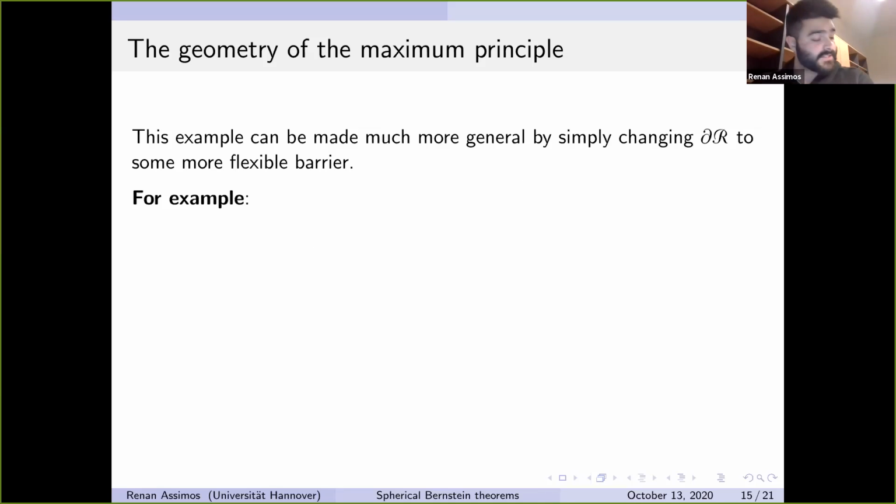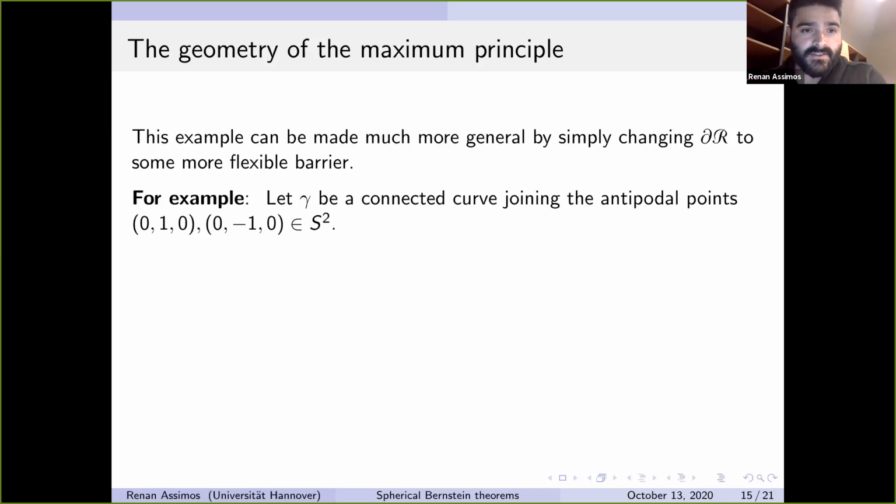So the interesting thing about this approach is that we can use it for things that are much more flexible than this half equator. Let me give an example here. Let us consider a curve gamma that is connected, connecting two antipodal points.